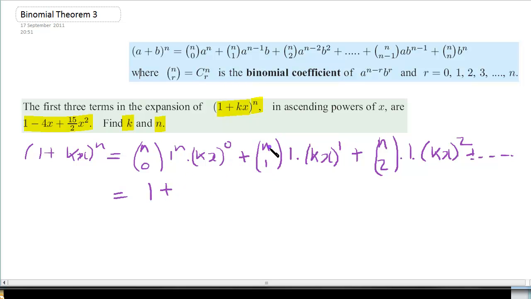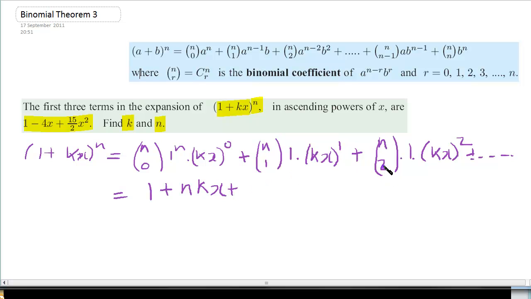nC1, if you remember, is always n. If you look down Pascal's triangle, you get the leading edge of all ones down the edge, and then the next term is always the same as n. So we're just going to write n here, times kx to the 1, which is just kx.